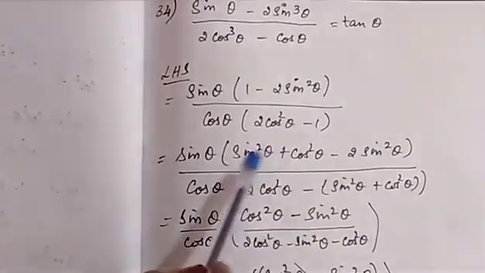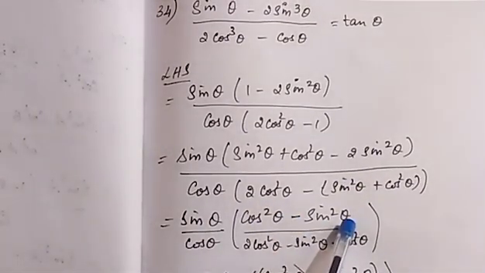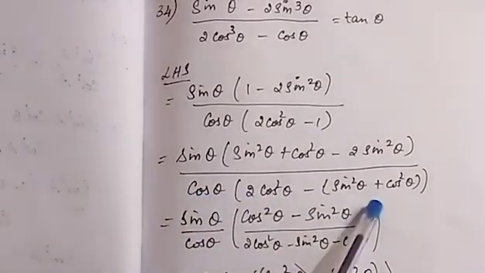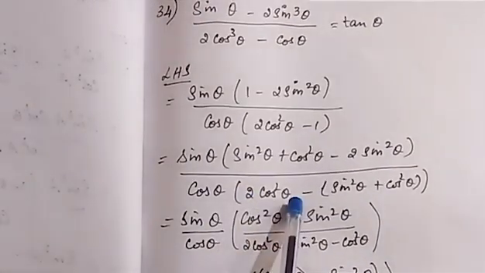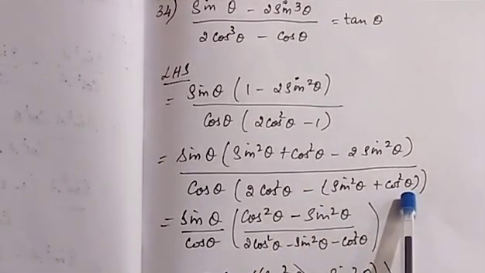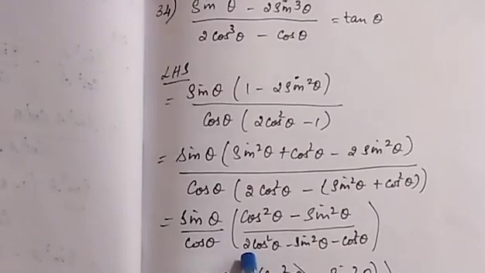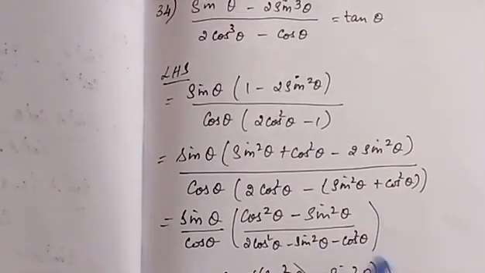So write sin theta into sin squared theta plus cos squared theta minus 2 sin squared theta. Now do the subtraction. You will get cos squared theta minus sin squared theta. Same way in the denominator, cos theta into 2 cos squared theta minus sin squared theta plus cos squared theta. So you will get 2 cos squared theta minus sin squared theta minus cos squared theta.